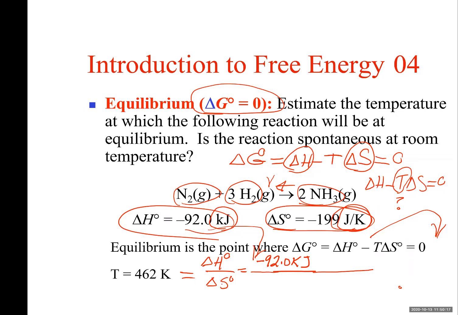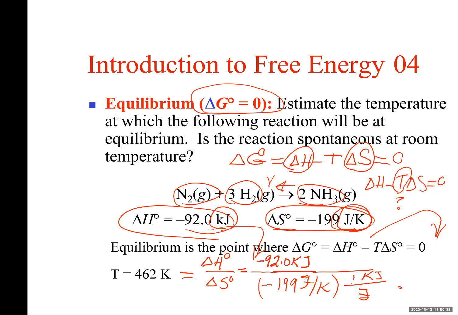In other words, on the bottom, I'm writing delta S, which is minus 199 joule per Kelvin. And then I need to cancel joule, convert it to kilojoule. Joule and joule will cancel. I have kilojoule.